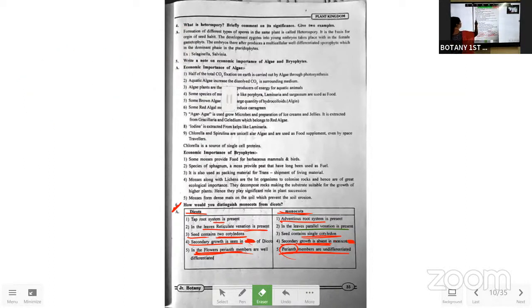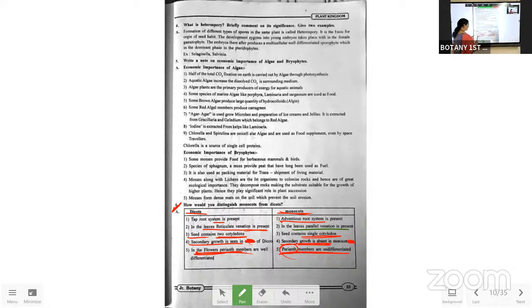First of all, in the root system, it has the taproot system in the dicots, adventitious root system in the monocots. Next comes the stem. Stem is aerial, erect, woody, and in the monocots, stem is aerial, not woody, that is tender, green in color.